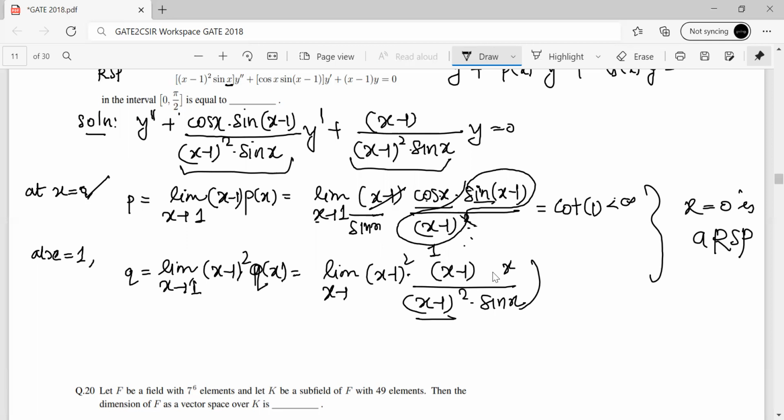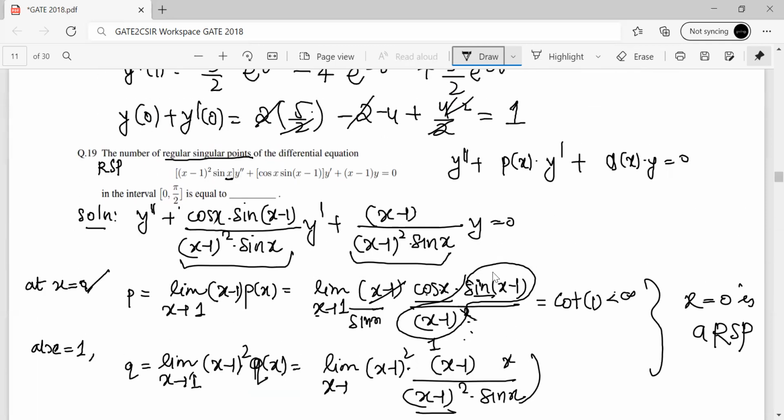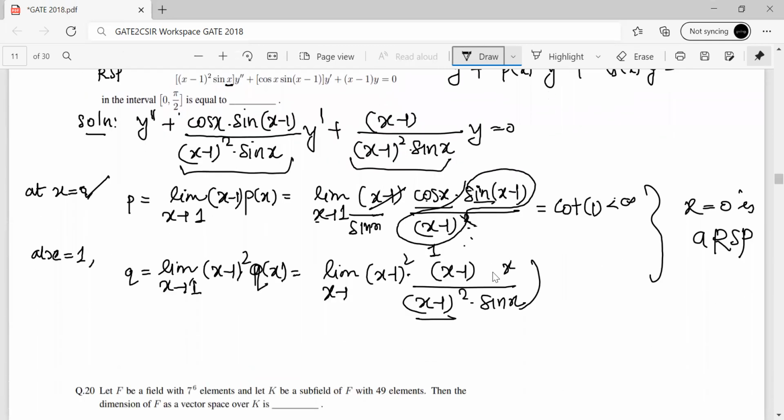So q of x is this quantity right here. This x minus 1 gets cancelled, and once again this x minus 1 and this x minus 1 will get cancelled, and as x tends to 1, this sine x has nothing to do with 1, and this numerator becomes 0. So this is again finite.